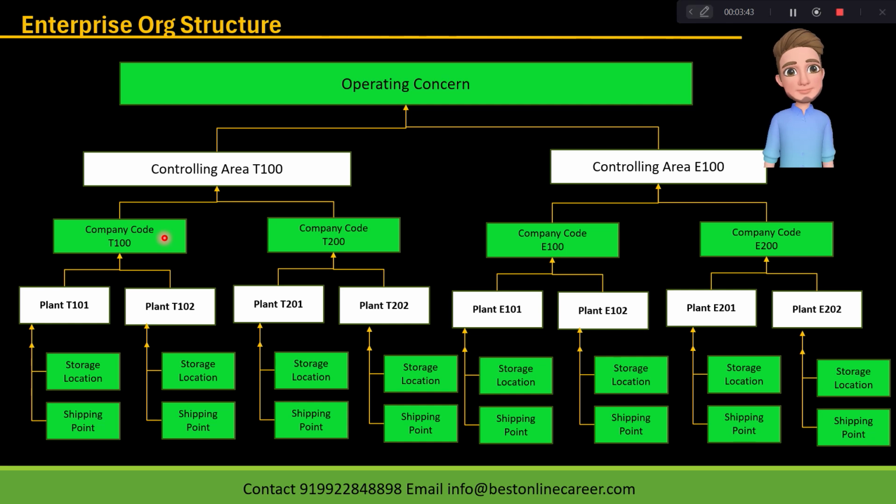Then you have profit center. Profit center is a dimension that is below company code, below plant, but it can cut across multiple plants and multiple company codes as well. So it would be a horizontal reporting layer, but largely what I have seen is that a profit center is used in line with the plant and company code, but SAP still allows you to report a profit center across multiple company codes.